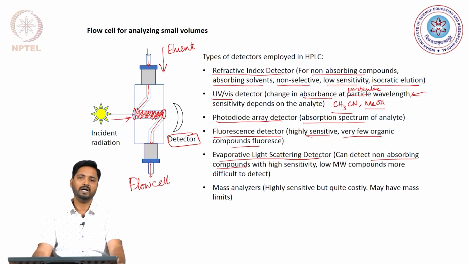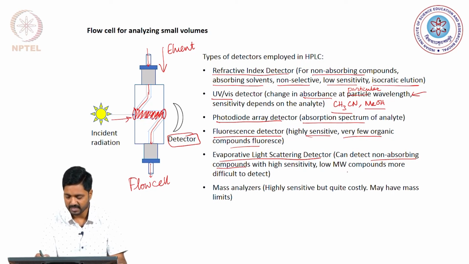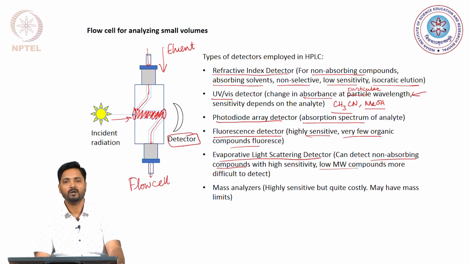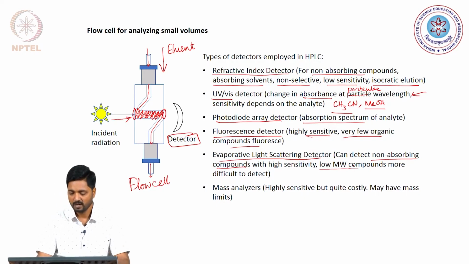Now, as can be considered, this detector will work best for particles that scatter well, and such particles will be composed of compounds or polymers that have high molecular weight. So, this detector has a limitation that it finds the detection of low molecular weight compounds difficult.